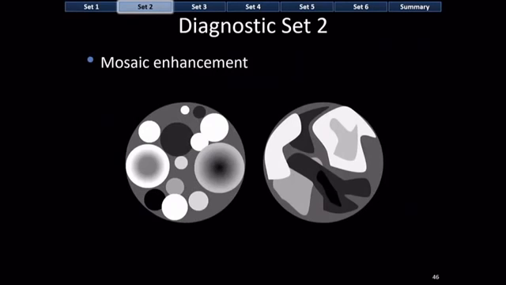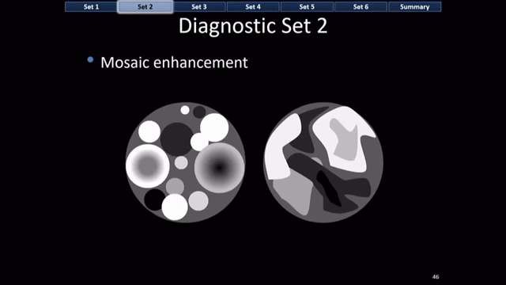Diagnostic set number 2 is mosaic enhancement, and by mosaic enhancement, I mean nodules that are composed of inner nodules or inner compartments. So the inner nodules are demonstrated on the left, the compartments are demonstrated on the right, and of course you might have a combination of nodules and compartments. On imaging, these different nodules will have different imaging features.